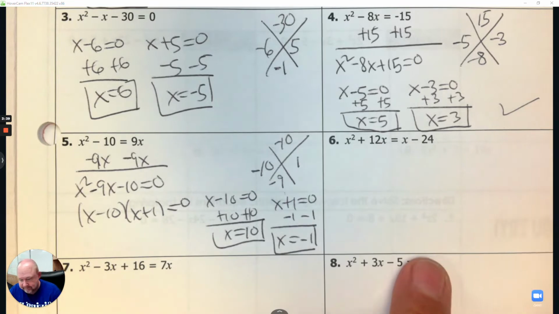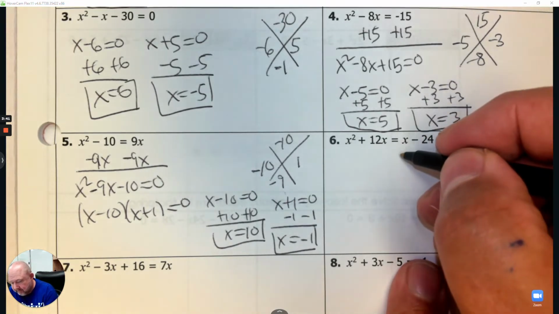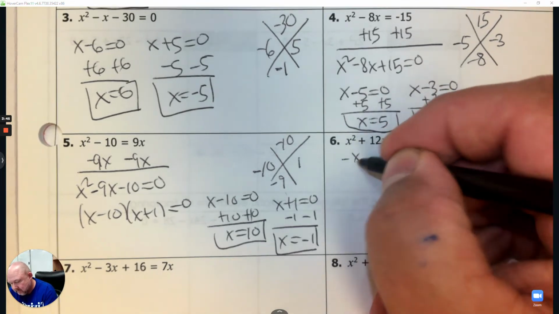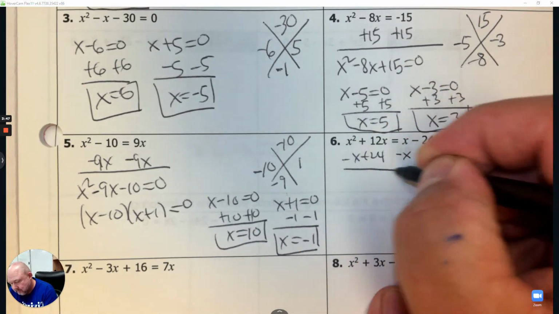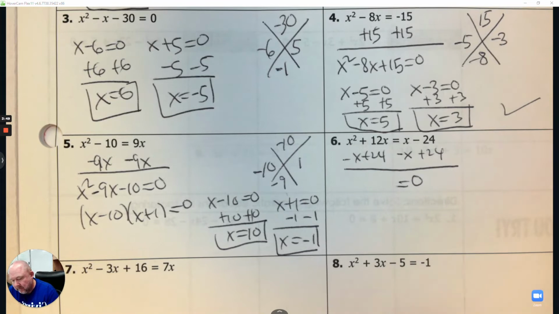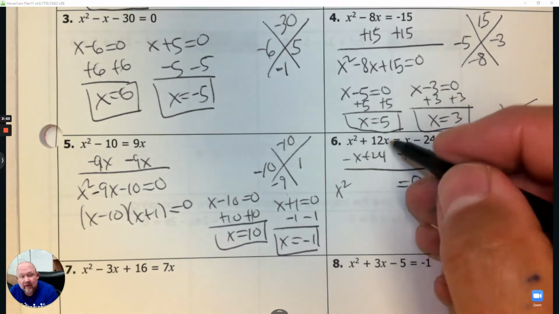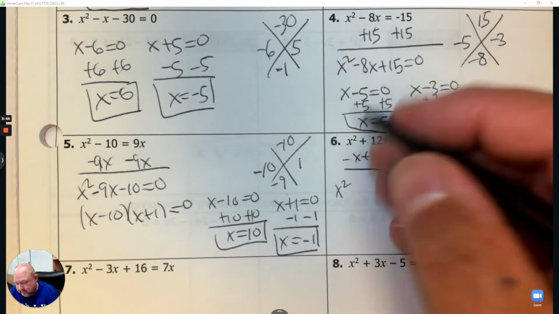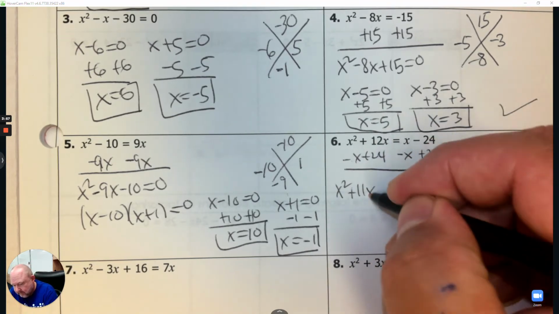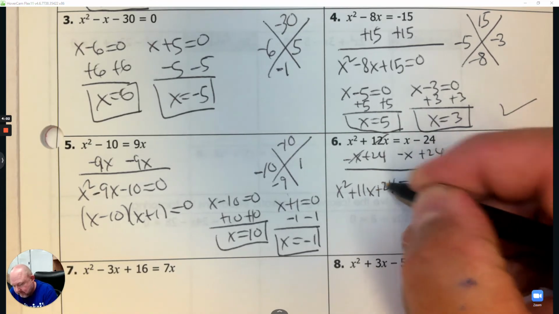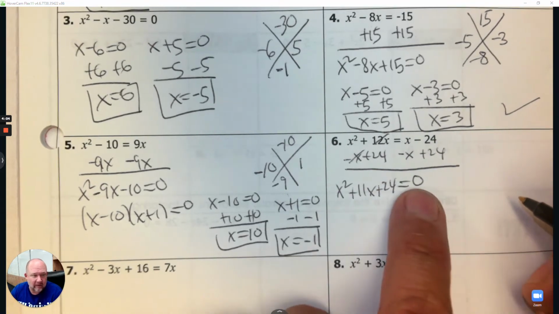Number 6, make it equal to 0. So we're going to subtract x and add 24 so that it's equal to 0. X squared, 12 take away 1 is 11x. And then I still have 24 here. So now it's equal to 0.